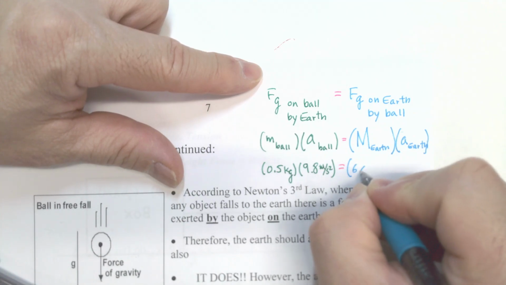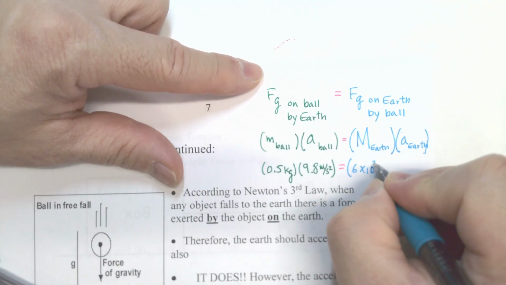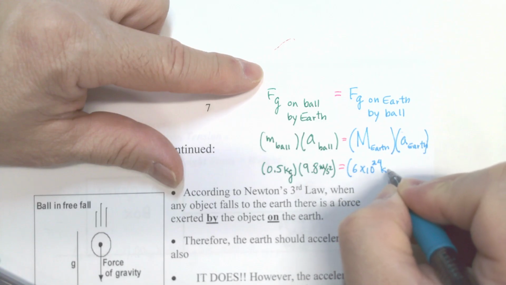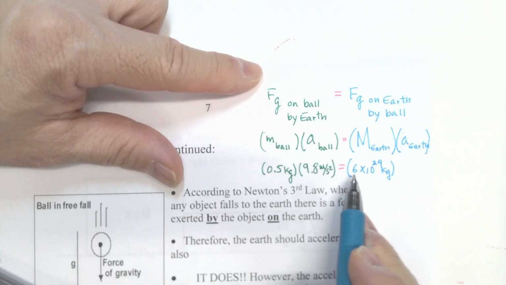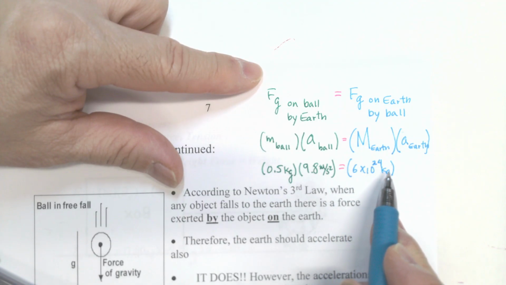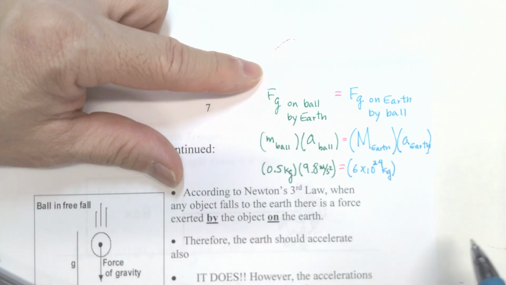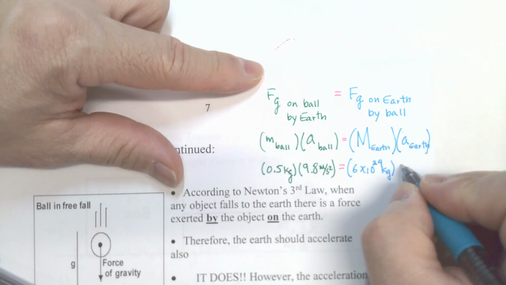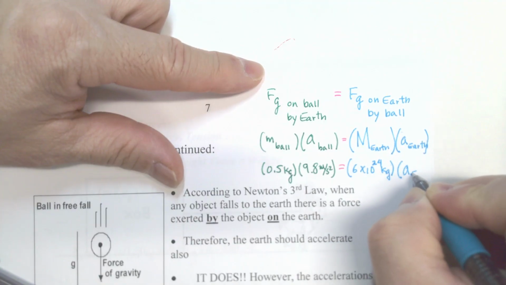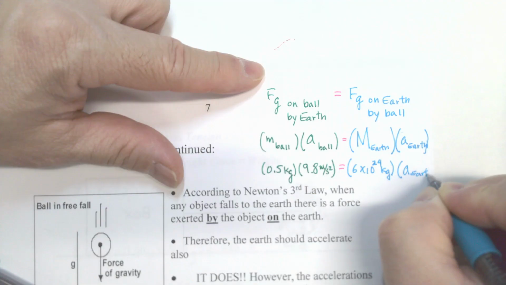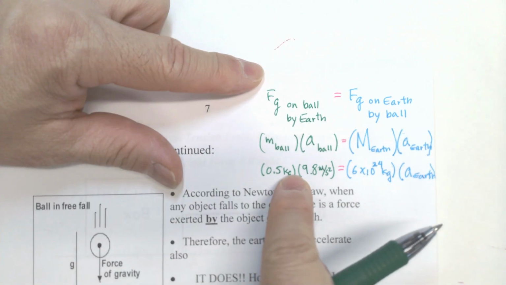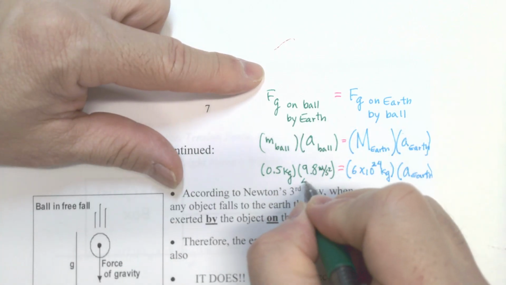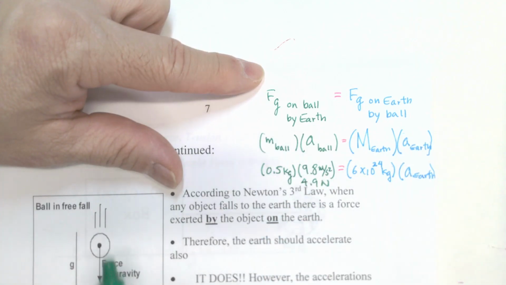The mass of the Earth is 6 times 10 to the 24th kilograms. That means we have 6 with 24 zeros following it. Times the acceleration of the Earth. This is 4.9 newtons. That has to be the same as this.